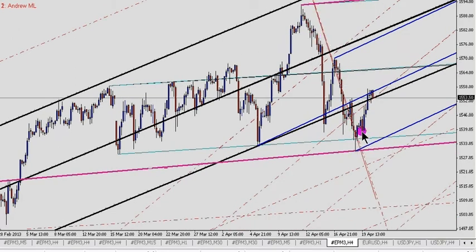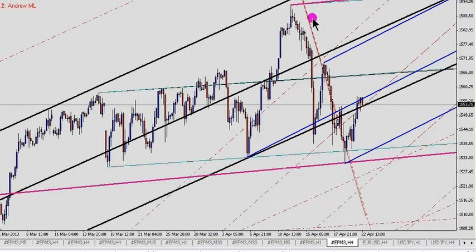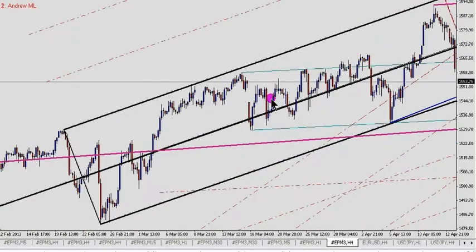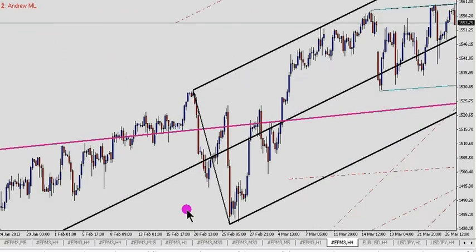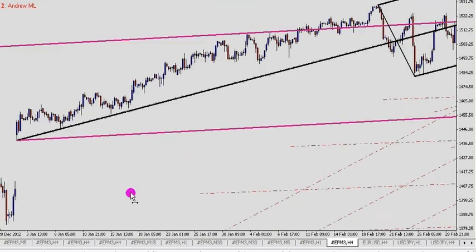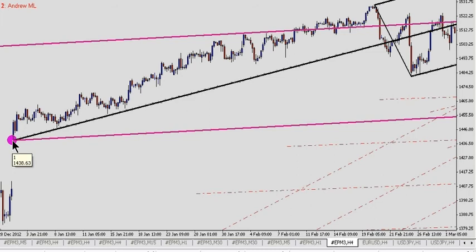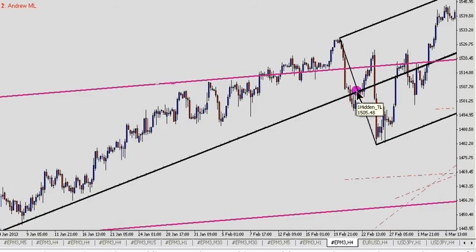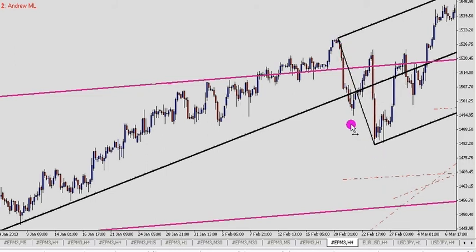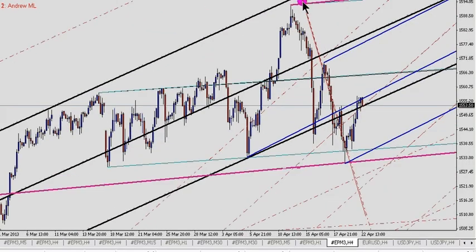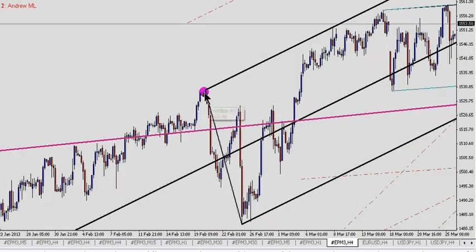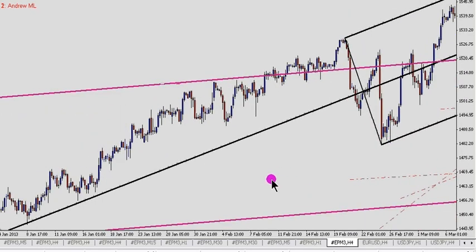Basically, reaction lines are much underestimated, and there's not been enough work on them. There's a lot of work on action reaction lines. Just to remind anyone who's just joined us, the reaction line is specifically the distance in an Andrews pitchfork or any other type of pitchfork from the pivot, which is called P0, to the midpoint of P1, P2, projected forward into the fork and drawn at the same angle as the baseline, the BC line it's sometimes called.